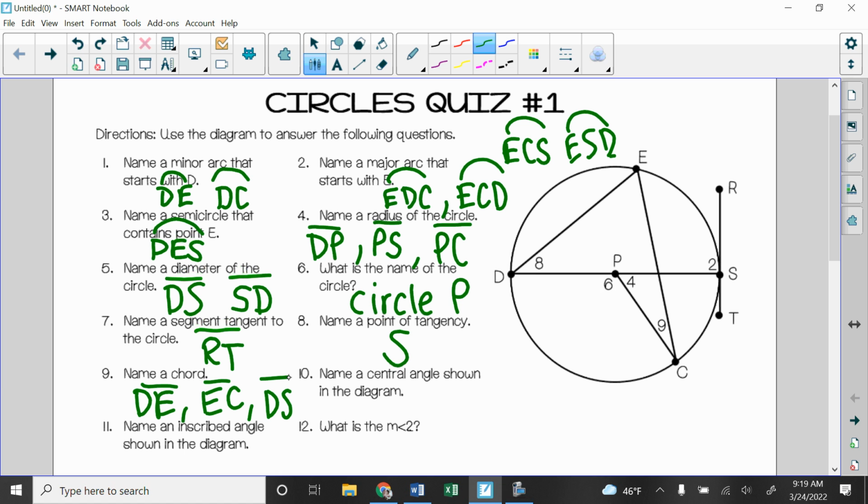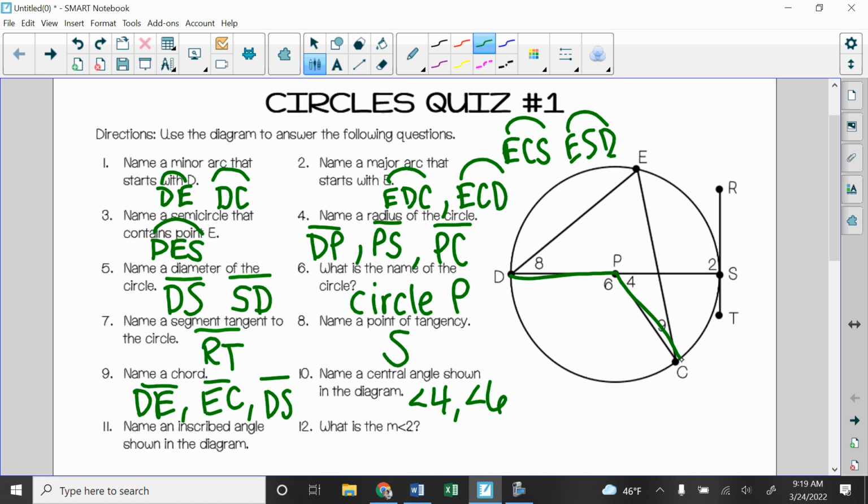What is a central angle? Yeah, so it's an angle that's formed at the center of the circle. Angle 4 would be an option. Angle 6 would be an option. I won't take it if you just say angle P because there's lots of angle P's. So I would say DPC.